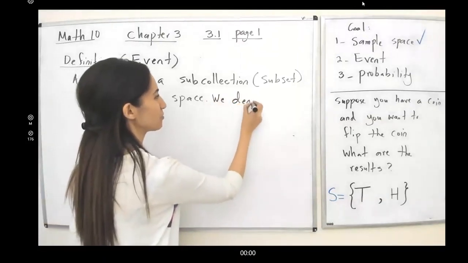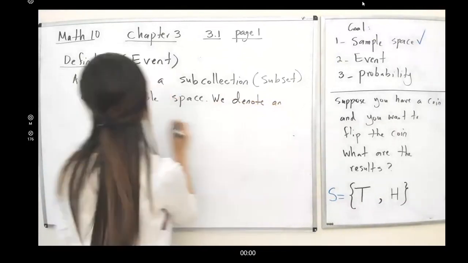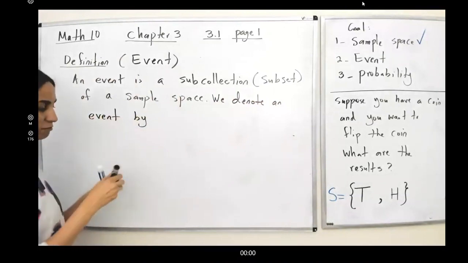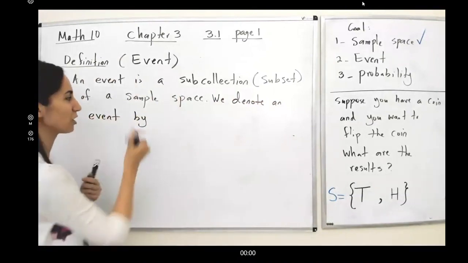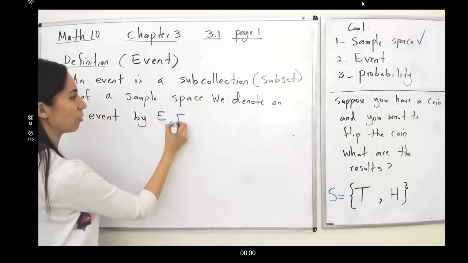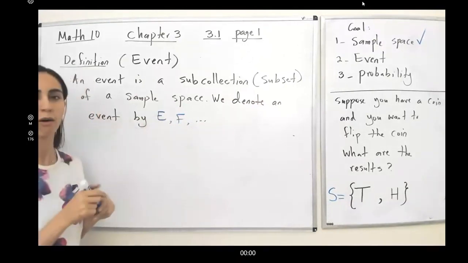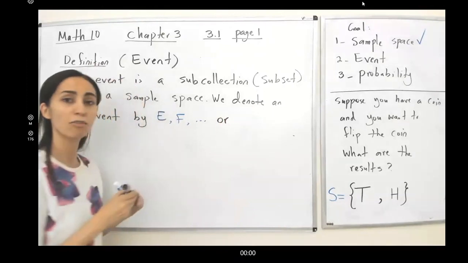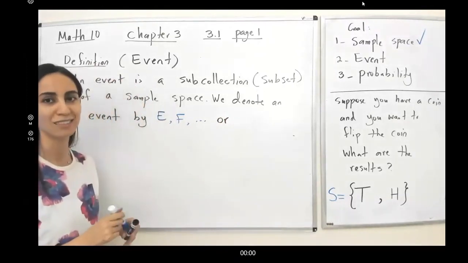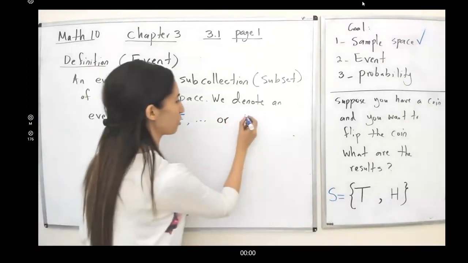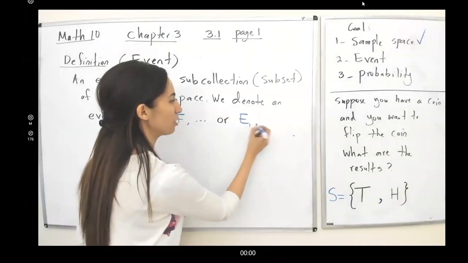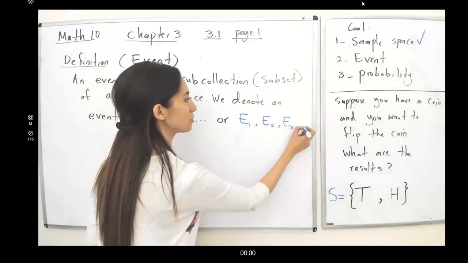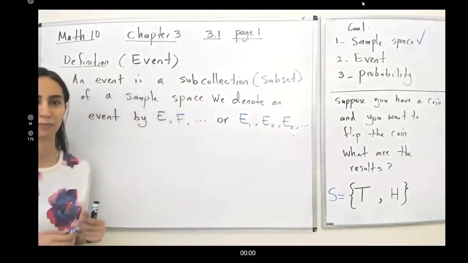We denote an event by either listing these capital letters E, comma, F, and the rest, or you can use indices: E sub 1, comma, E sub 2, comma, E sub 3, comma, the rest of them.